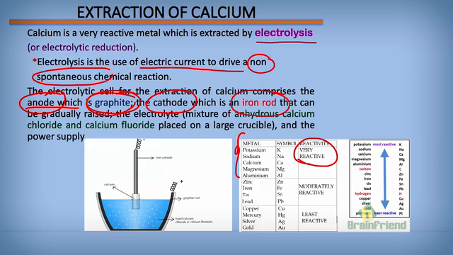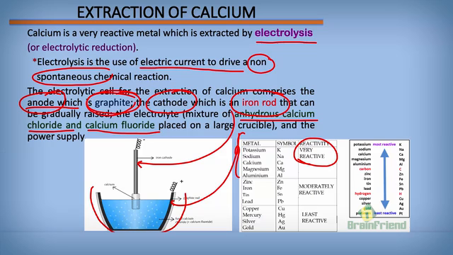An iron rod. So we have here our iron rod, which is our cathode, all right? And we have our graphite or carbon rod, which is the anode, okay? The positive electrode. Now, our electrolyte is going to be what? A mixture of anhydrous calcium chloride and calcium fluoride placed in a large crucible, as we can see on the diagram.